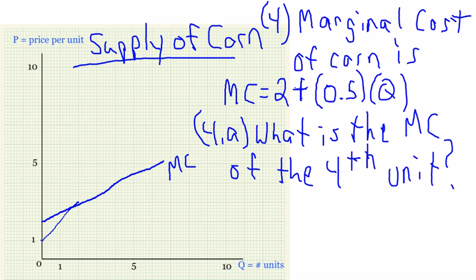The first one says, what is the marginal cost of the 4th unit? Well, one way of doing this is just looking here. Take the 4th unit, read across what the marginal cost is. And it turns out to be 4. The answer is $4.